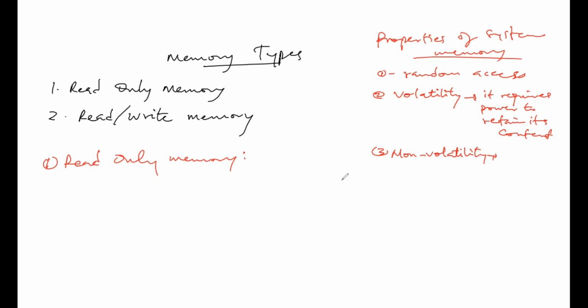Now, they are mostly factory programmed and cannot be altered. Okay, it means they are non-volatile. So they possess this property. They are non-volatile and cannot be written into. So the program that controls the standard input and output function, that is the BIOS, the basic input output system, is kept in the read-only memory of your computing device, okay?